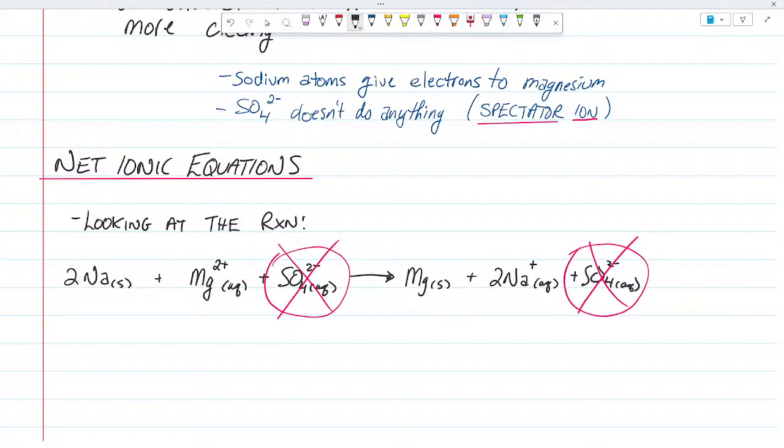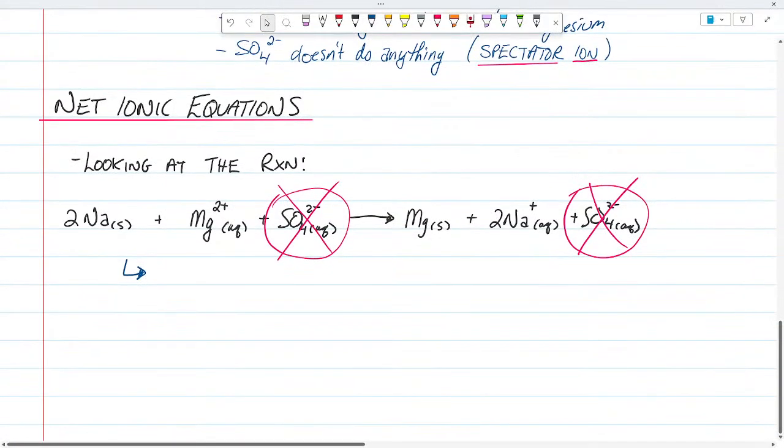We can cancel anything that is exactly the same on both sides. Algebraically, remember, this is an equation. And given that it's an equation, if you do the same thing to both sides, you haven't changed anything, right? That's one of the principles of working with mathematical equations. So we can cancel anything that is unchanged on both sides.